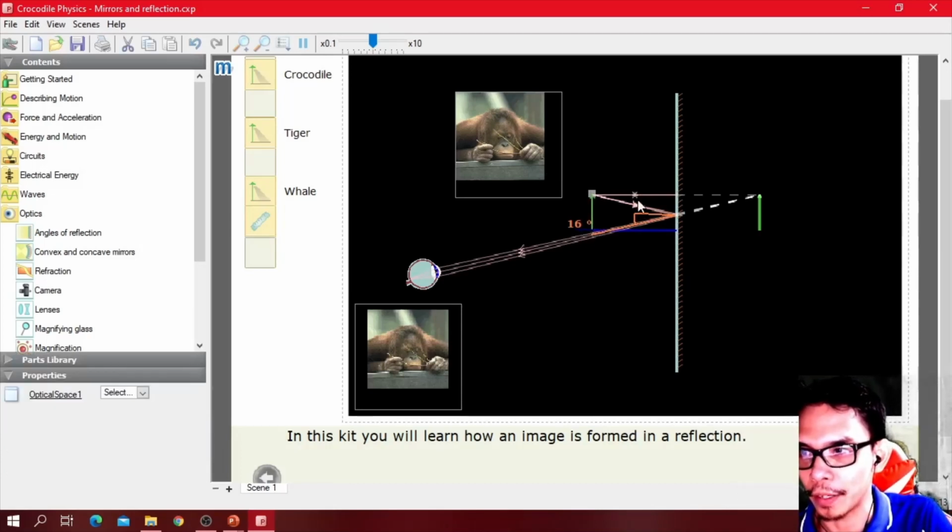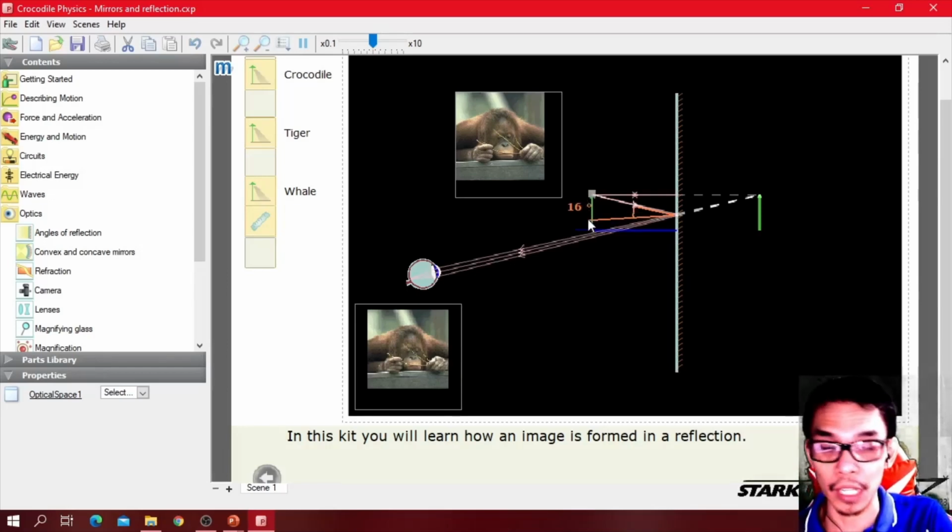this is harder than I thought. Okay, so we have also 16 if we follow the second line that we have right here. So really, the angle of incidence is equal to the angle of reflection.